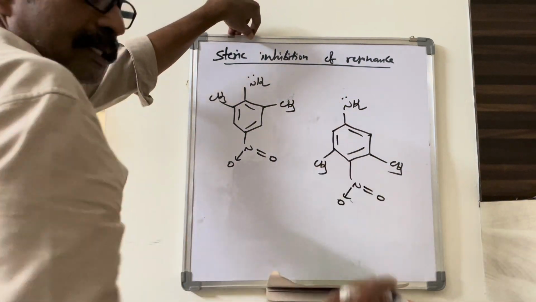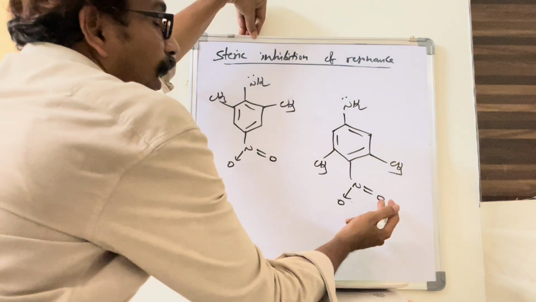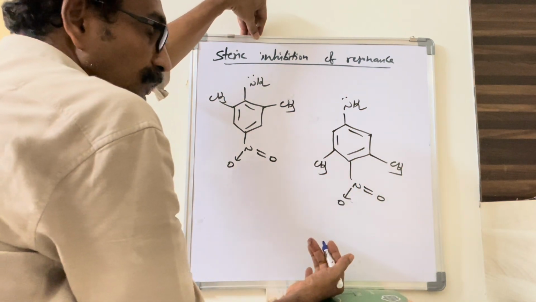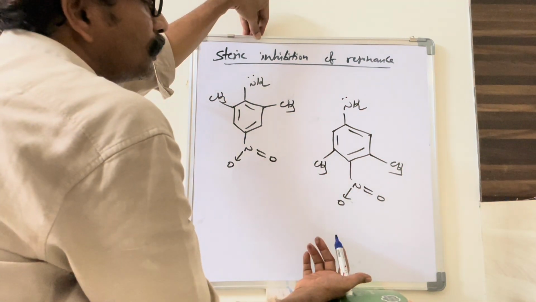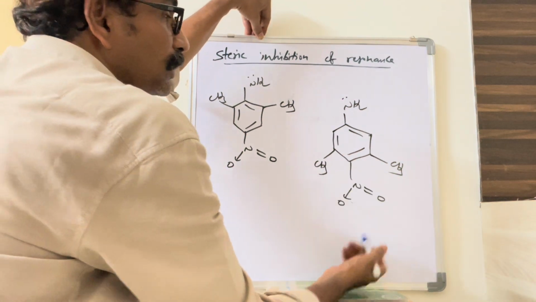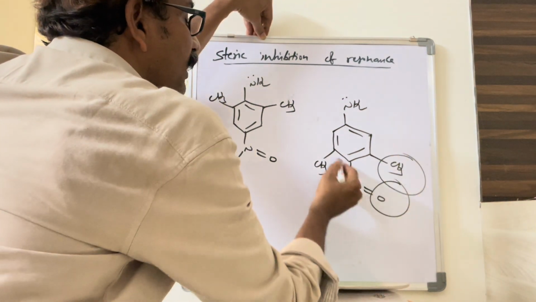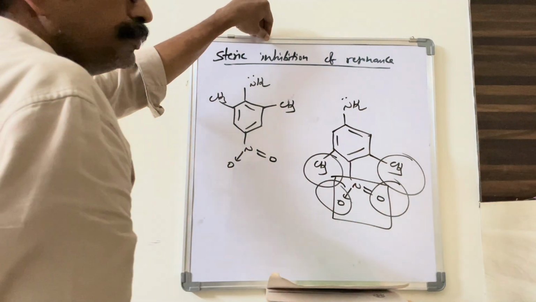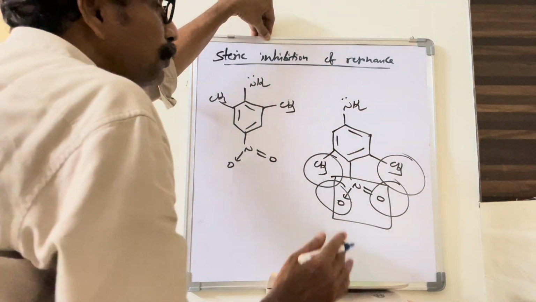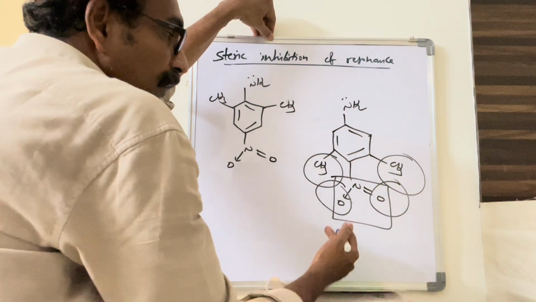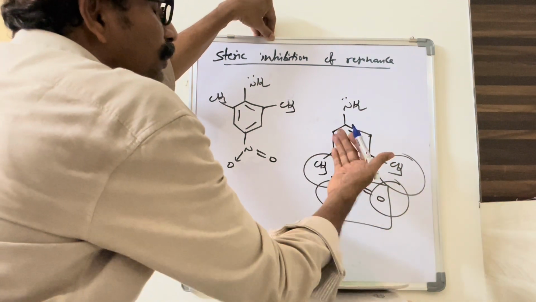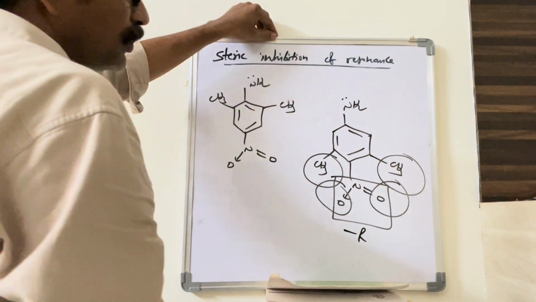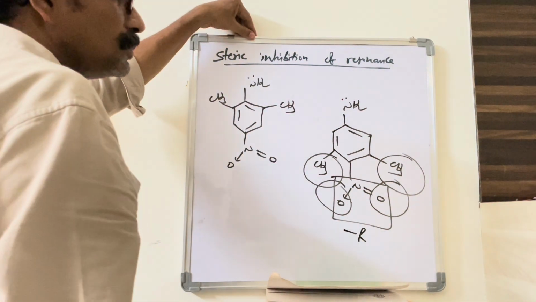In the second case, the para-NO2 group is sterically forced out of the plane of the benzene ring by the methyl groups. As a result, this NO2 cannot enter into resonance. Means it cannot act as a withdrawing group through resonance.